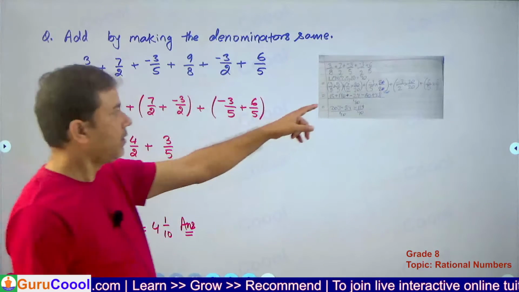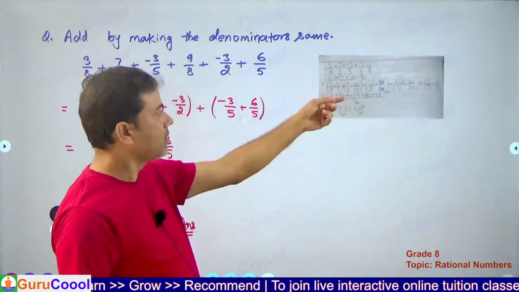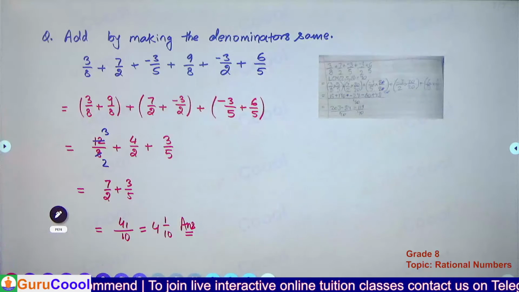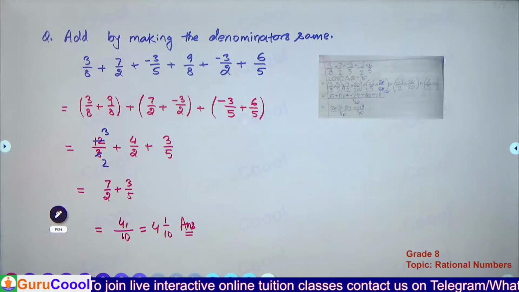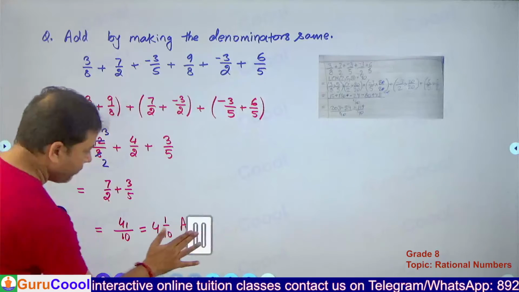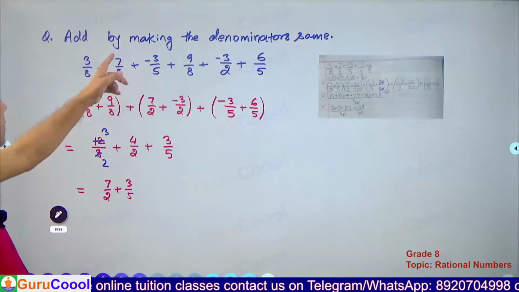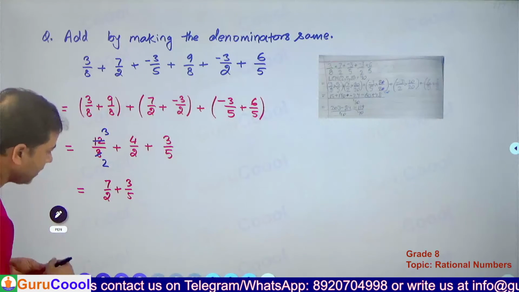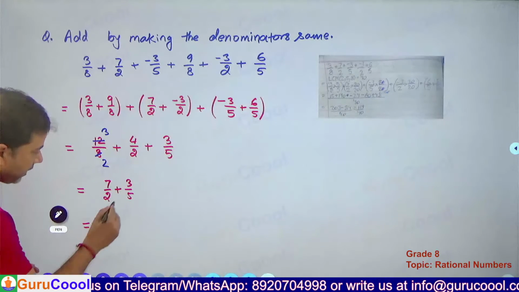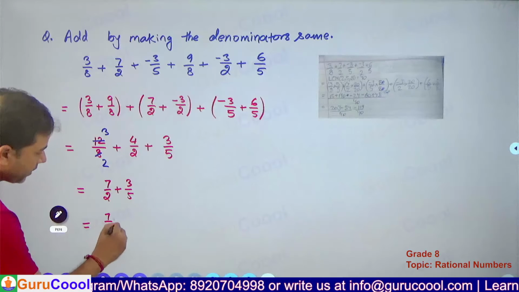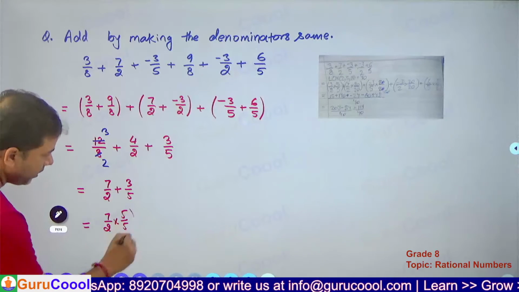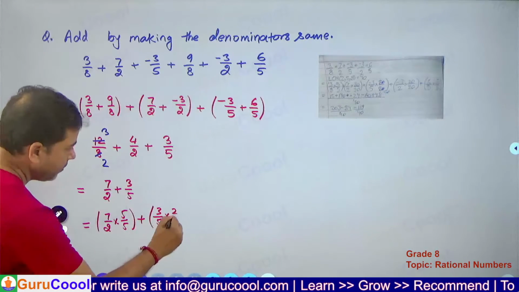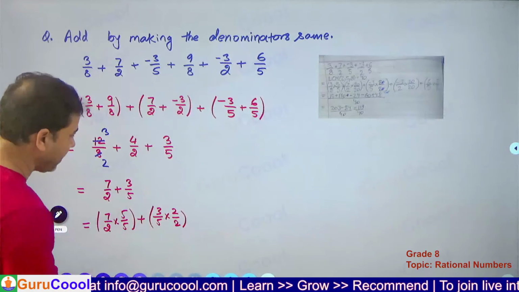See, in this method there are so many big calculations for the LCM. Or wait, since the instruction is telling making the denominator same, now I'll make the denominator same. 10 is the LCM, so 7 by 2 times 5 by 5, the denominator will become 10. 3 by 5 times 2 by 2, here also the denominator will become 10.